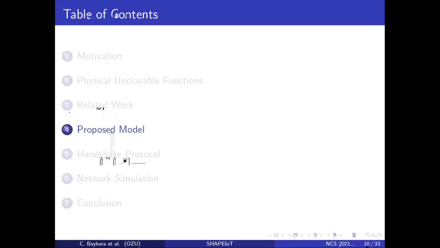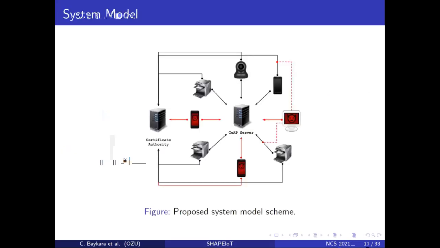Now I would like to share the scheme of our proposed system model, as you can see here. It is a centralized network where there is a central CoAP server and the IoT devices connect with the central server. There is a third party, a certificate authority, and the certificate authority is used by the IoT devices to authenticate the CoAP server.